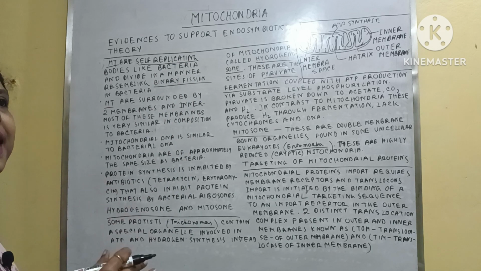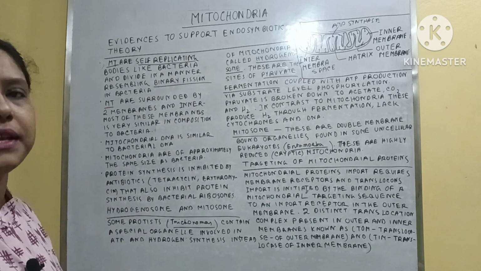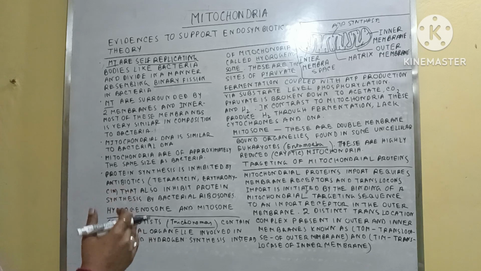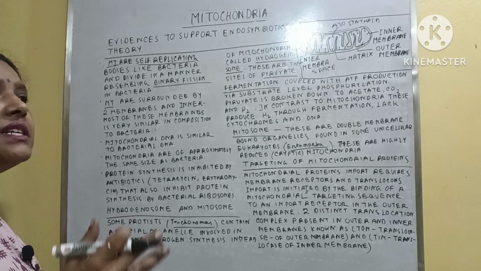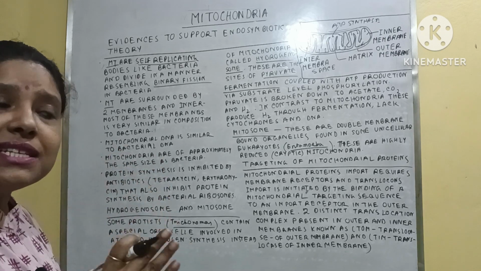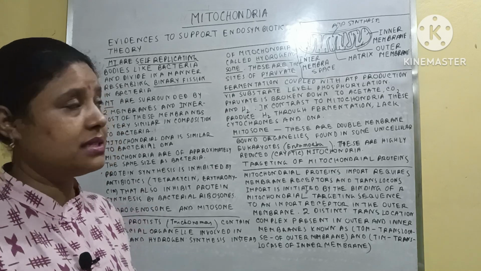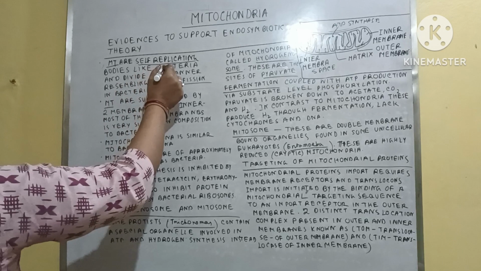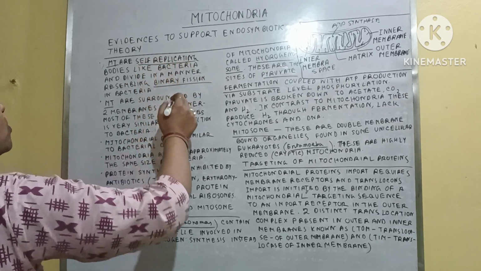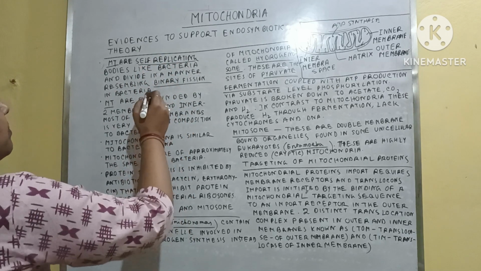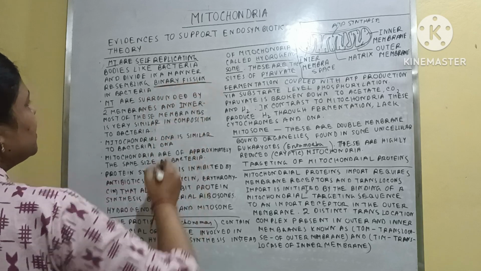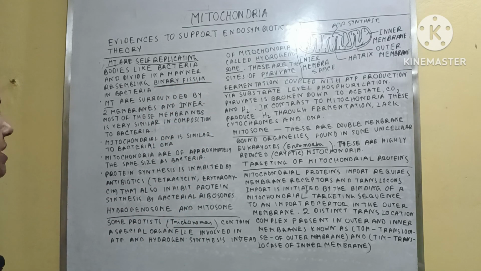That means they have their own DNA present within the organelle, which is not similar to the DNA present in the nucleus. And they are produced by themselves through binary fission, like bacteria.